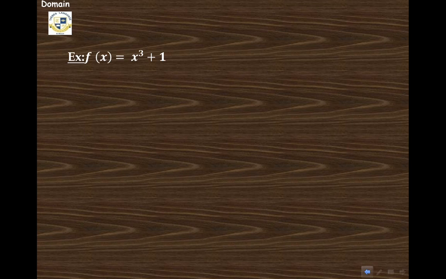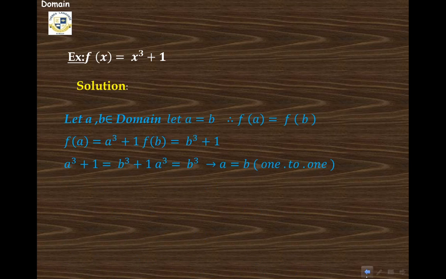F of x equals x power 3 plus 1. I'll find f of a, which equals a power 3 plus 1. Also f of b, which equals b power 3 plus 1. I'll put f of a equals f of b. Therefore, a power 3 plus 1 equals b power 3 plus 1.